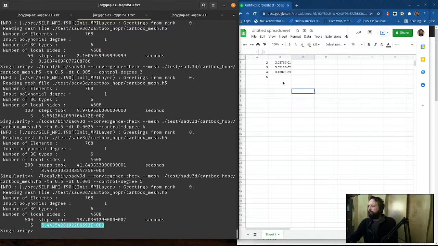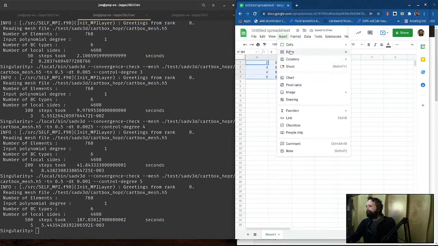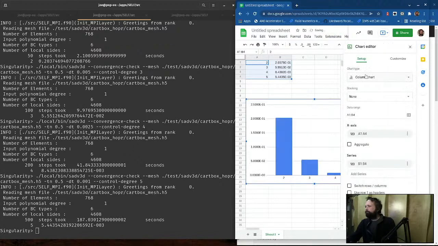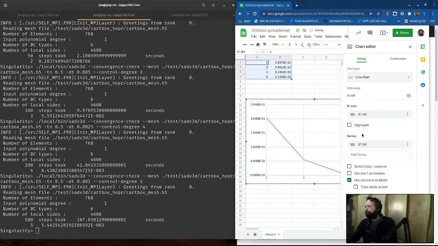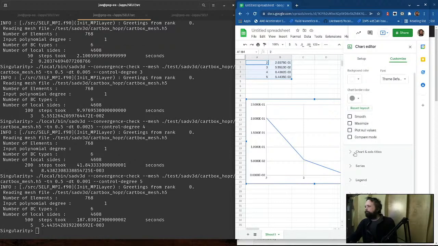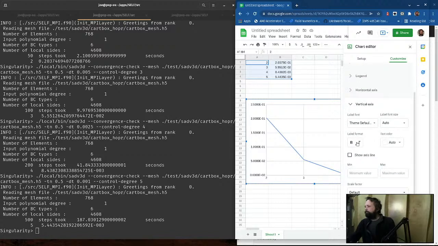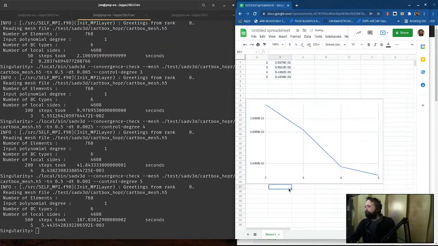Looks like we bottomed out there, but yeah, outside of that last one, we're getting spectral convergence.